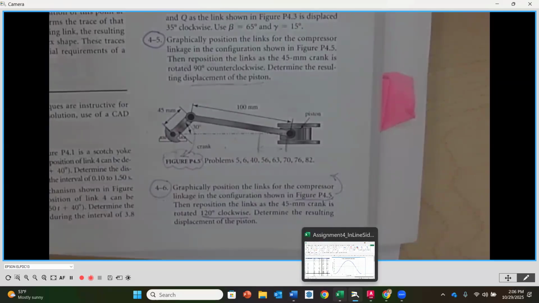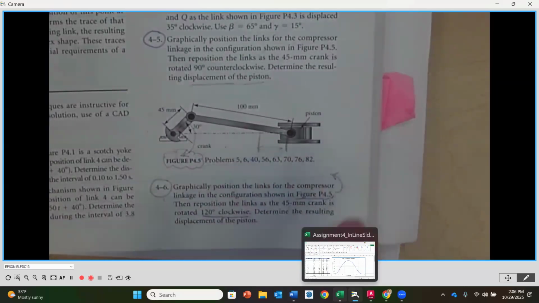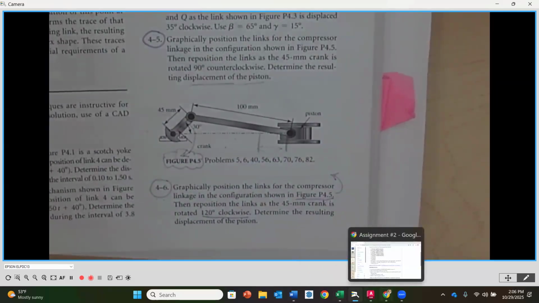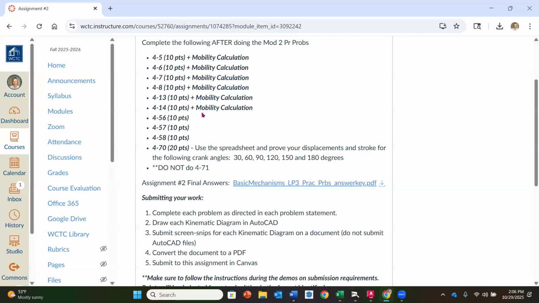Okay. That's the first 2 problems. And again, for both of these, you're not only doing the diagrams, but you're also doing the mobility equations for each. You should get 1 for all of these, but it's a good verification that you have the correct number of links identified as well as the number of joints.